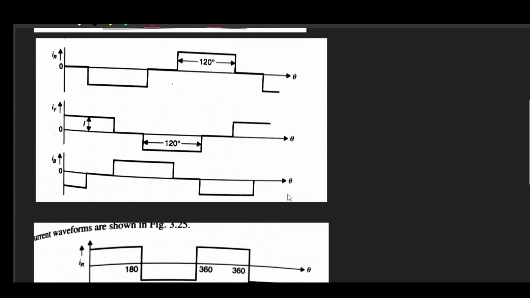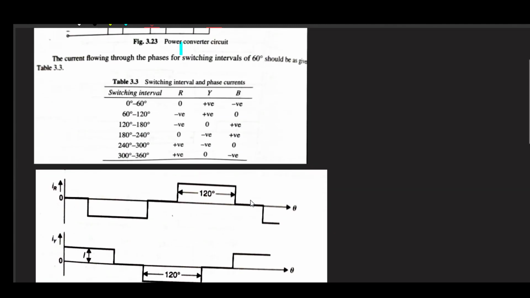Now here we can see a very interesting thing, how switching, this is the circuit. So clearly S1 and S4 are with phase R. Let me draw it.